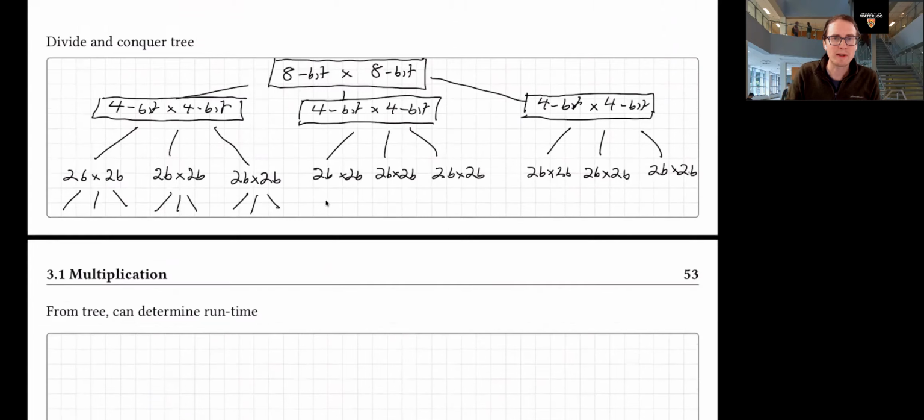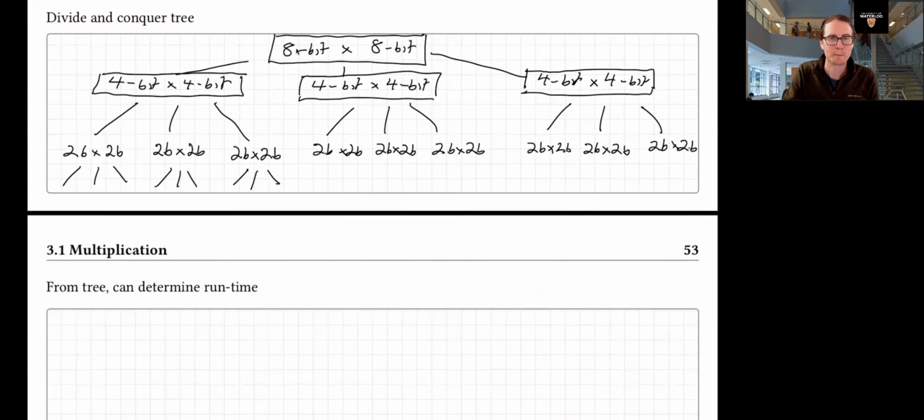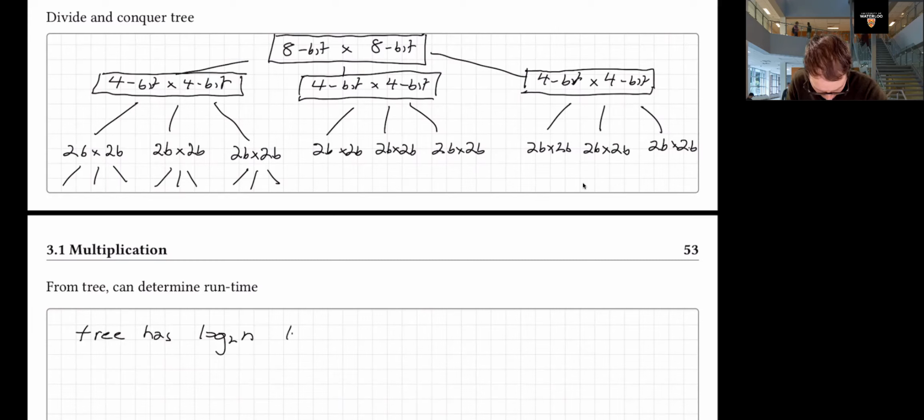So the first thing is how many levels are in this tree. If we start off with an n-bit number, then the next level is n over 2, the next level is n over 4-bit numbers, and we go down until we get down to 1-bit numbers. So the tree has log base 2 of n levels.